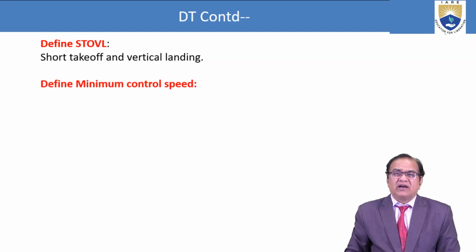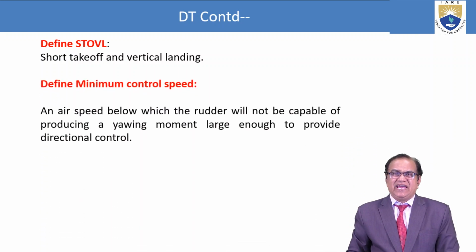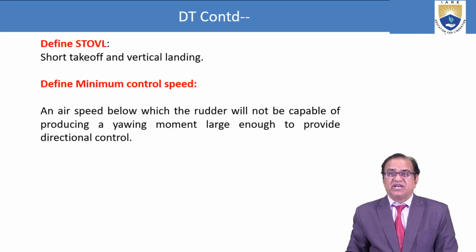Define minimum control speed: the air speed below which the rudder will not be capable of providing a yawing moment large enough to provide directional control.